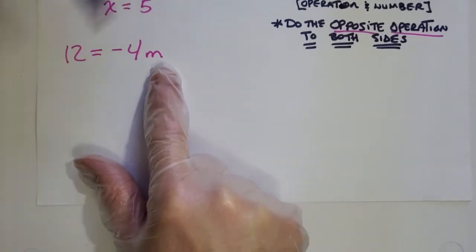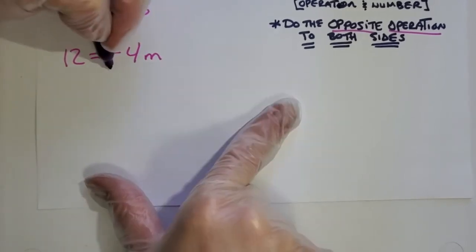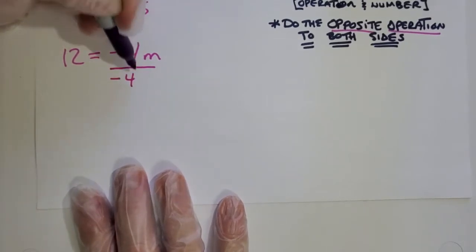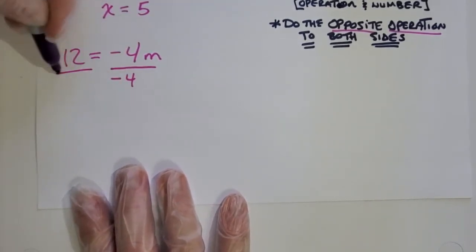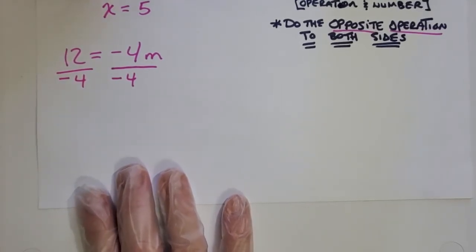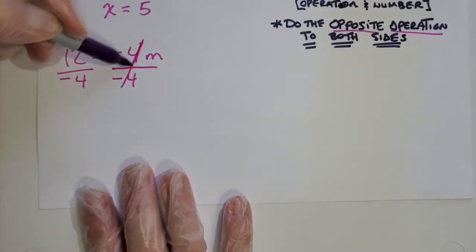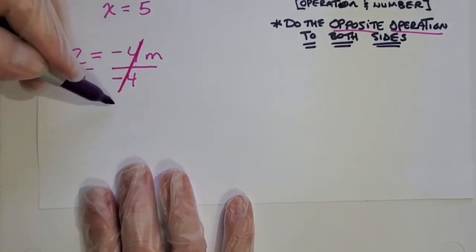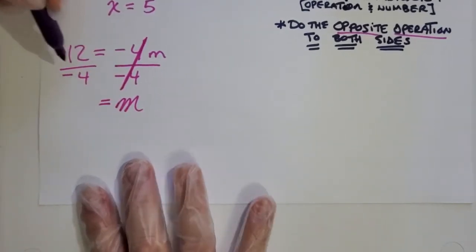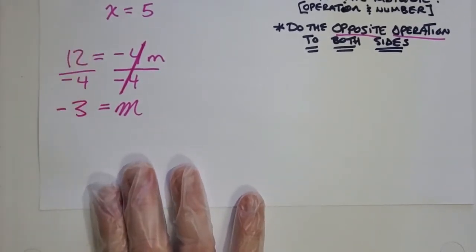So let's do the opposite of multiplication, which is to divide. You're dividing both sides by -4. It's the opposite operation, and that makes these cancel, which is why you do it. So your variable is equal to 12 divided by -4, which is -3. So there's your answer.